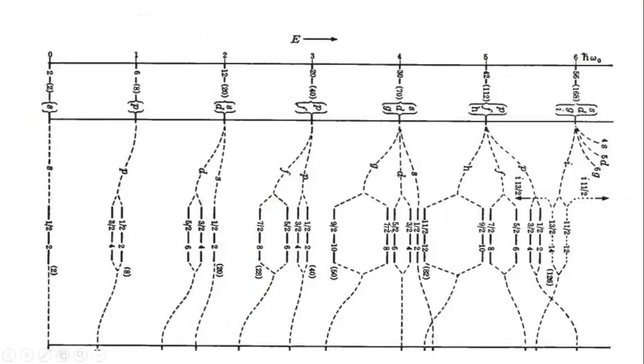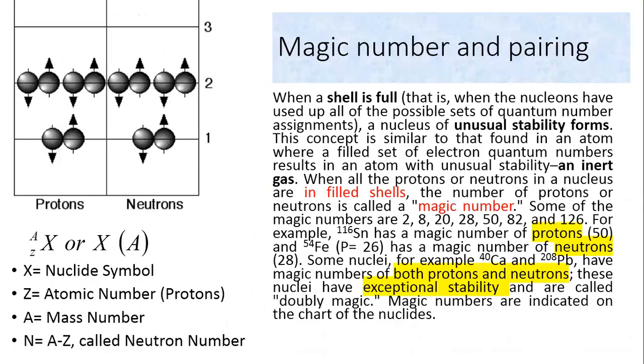This is the whole energy levels of the nuclear shells. Here we will discuss the magic number and the pairing of the neutrons and the protons. So what is the importance of the magic number?